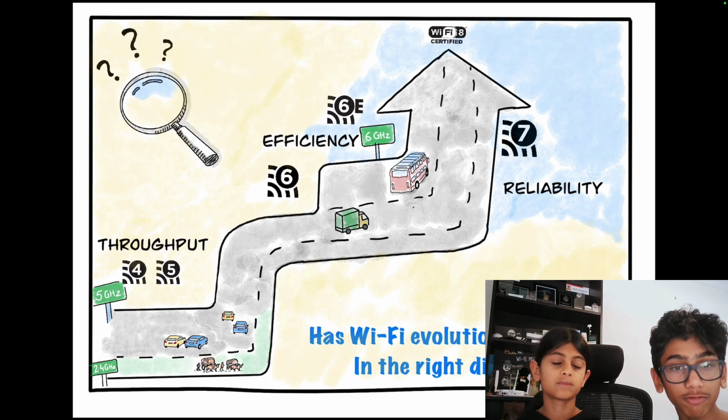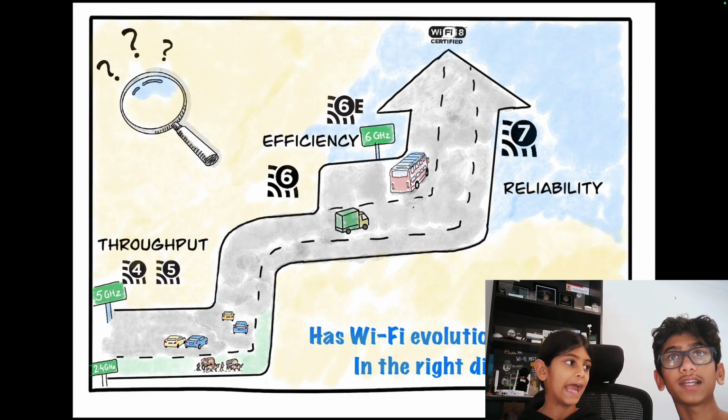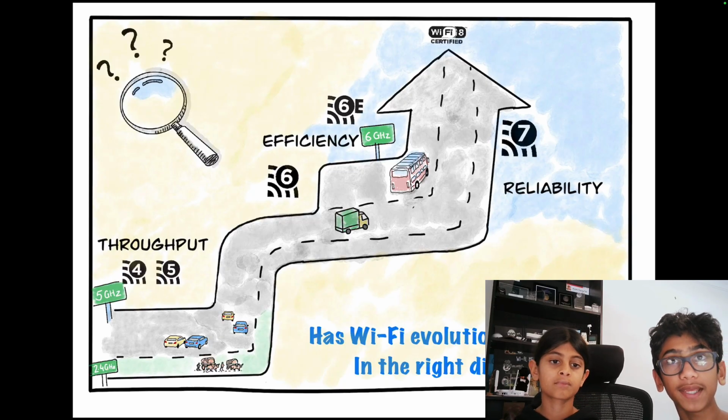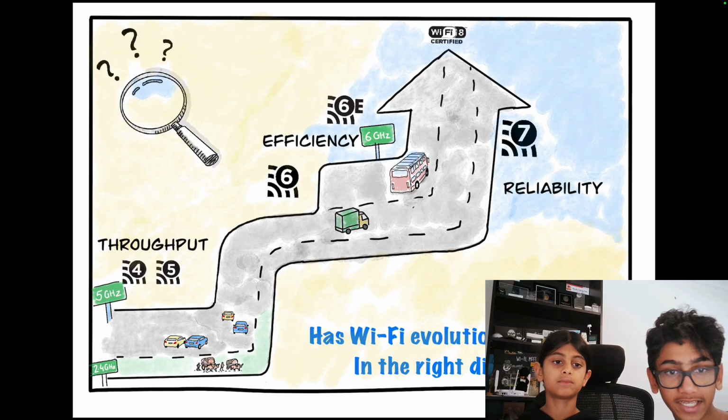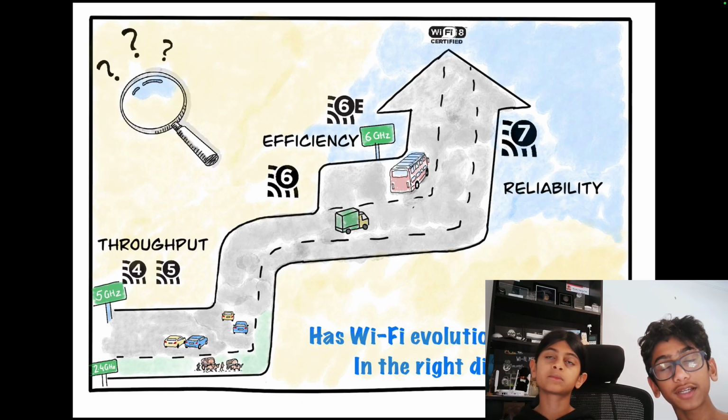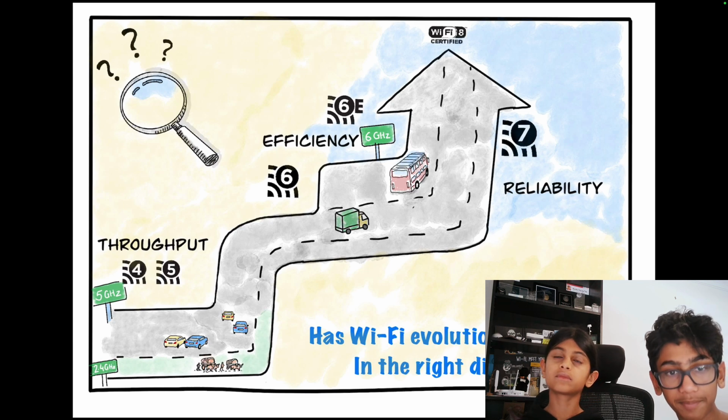So if one road is congested, it could just use the other roads to deliver the boxes. Also, you can see at the top it says Wi-Fi 8. Well, Wi-Fi 8 is going to be another reliability standard, UHR, ultra high reliability. So it's going to expand on the concept of reliability.